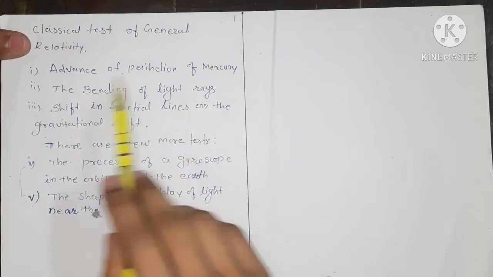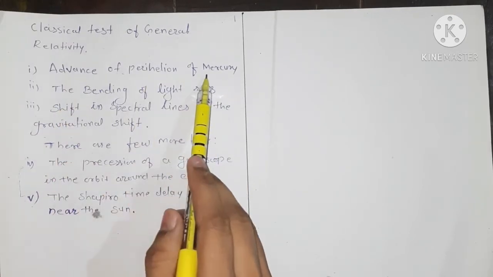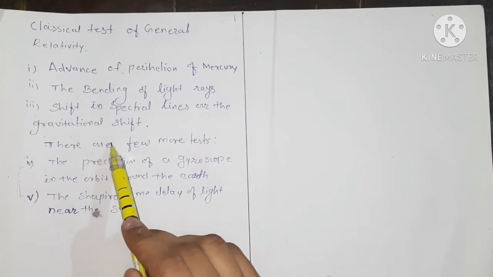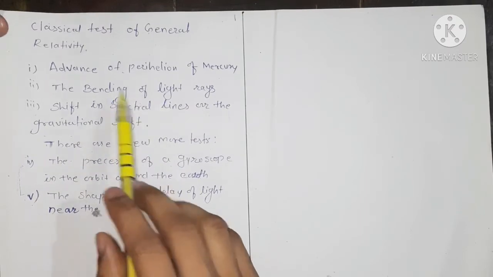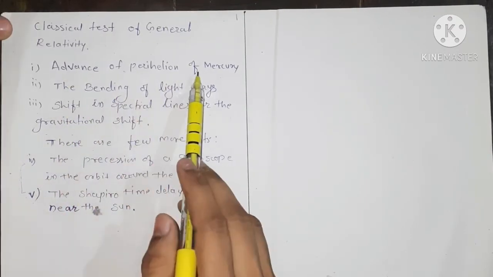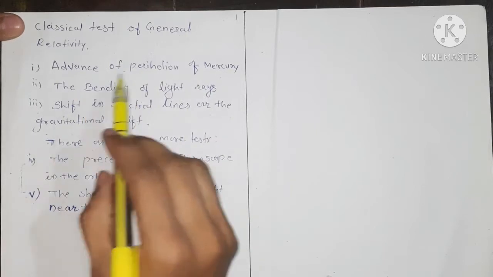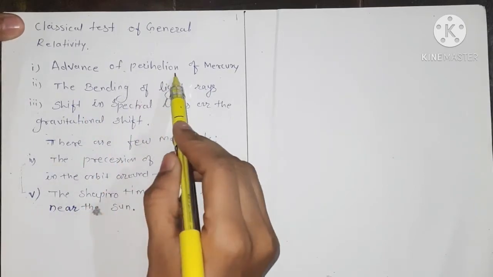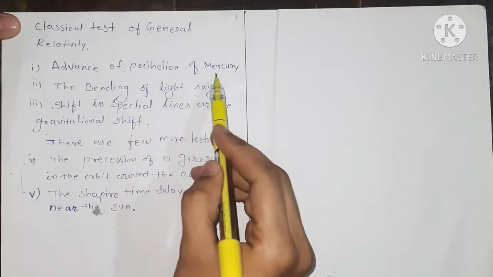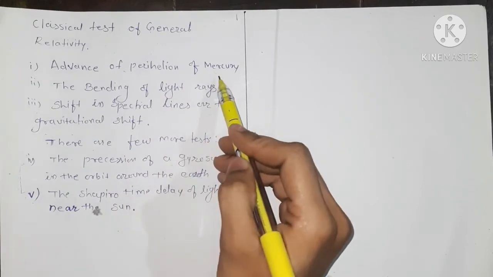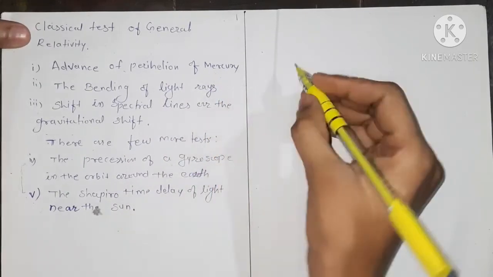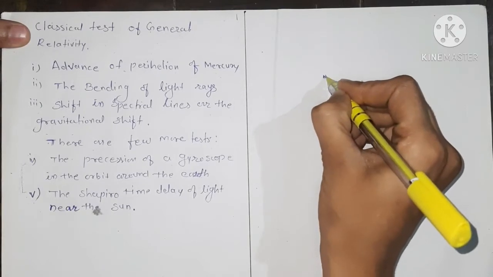Okay, so let's see what is meant by the advance of perihelion of Mercury. We see this one by one. You know about the perihelion. Since the planet Mercury revolves around the Sun, if we take the figure, the Sun is here.